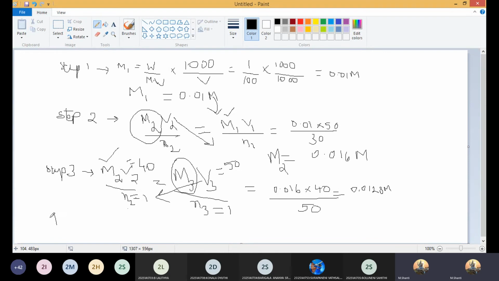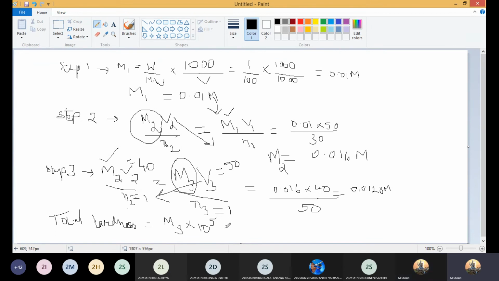So how do we calculate the total hardness? What is the formula for that? M3 into 10 power 5.